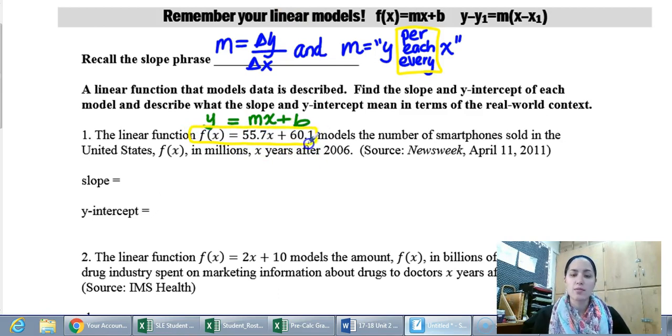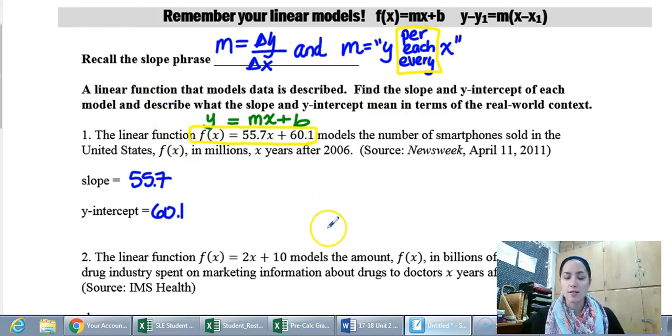So if I can correctly recognize it as y equals mx plus b, I know that the slope will be 55.7 and the y-intercept will be 60.1. But if you notice, the directions said not only to find it, but also describe what the slope and y-intercept mean in terms of the real-world context.